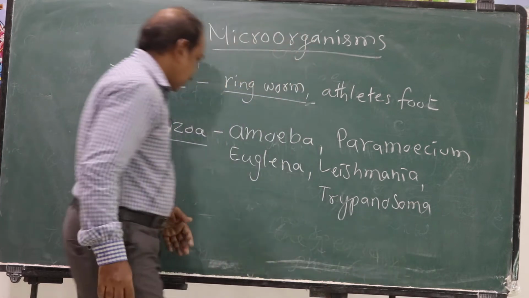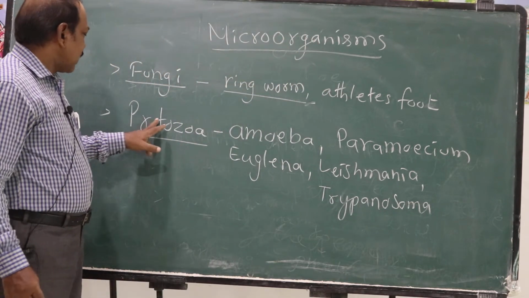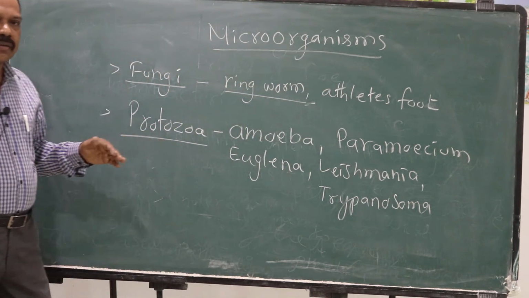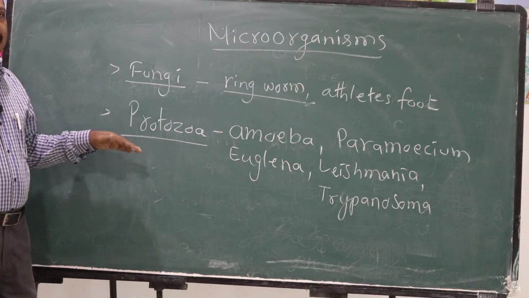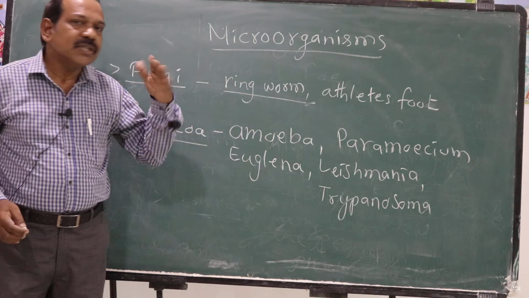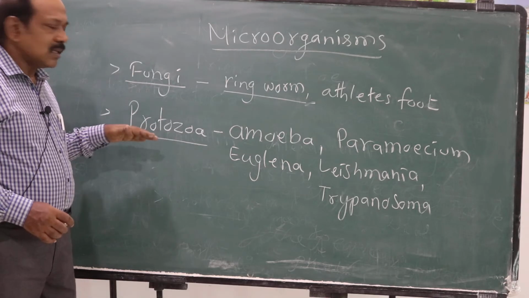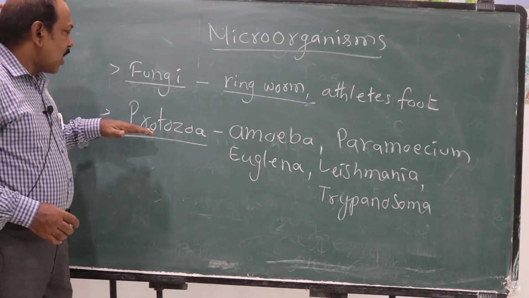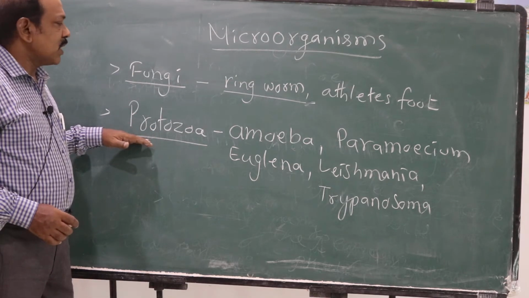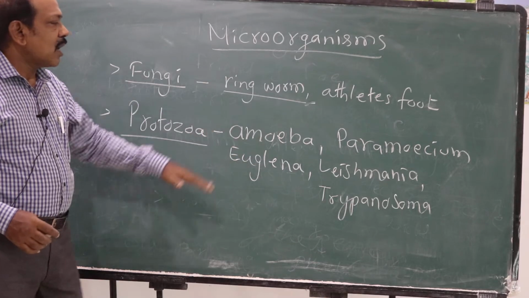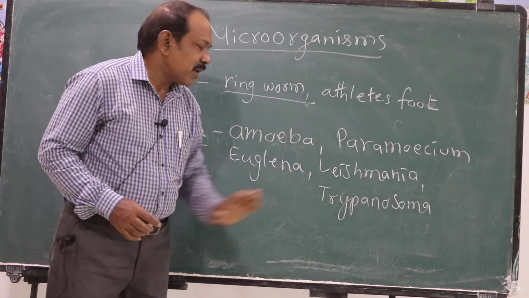These are all protozoans. Actually, they belong to kingdom Protista. We have not studied classification yet. When we study classification, you will understand what Protista is. All the protozoans are kept in kingdom Protista, and the common protozoans are amoeba, Paramecium, Euglena, Leishmania, and Trypanosoma.